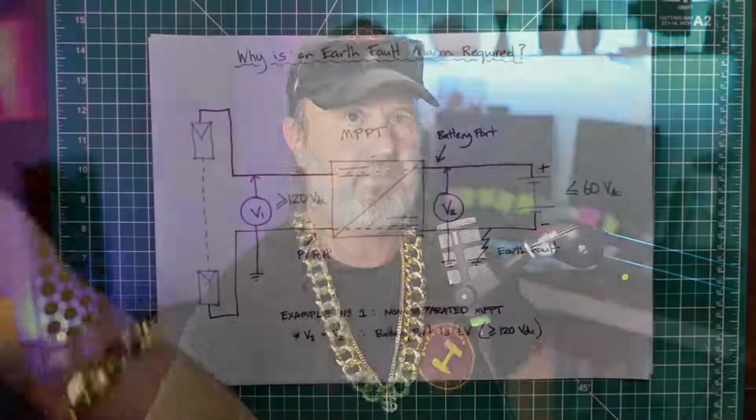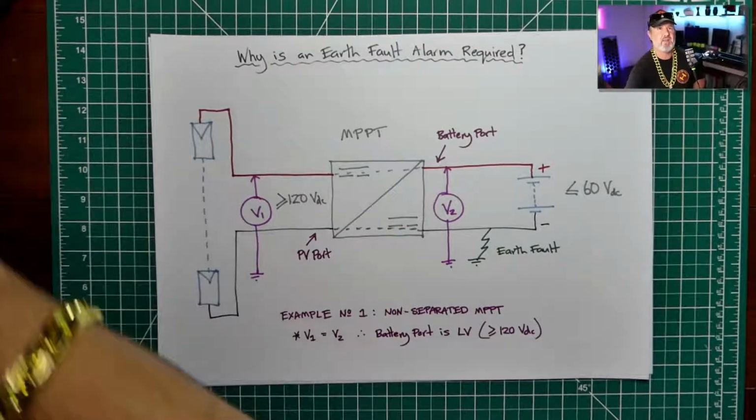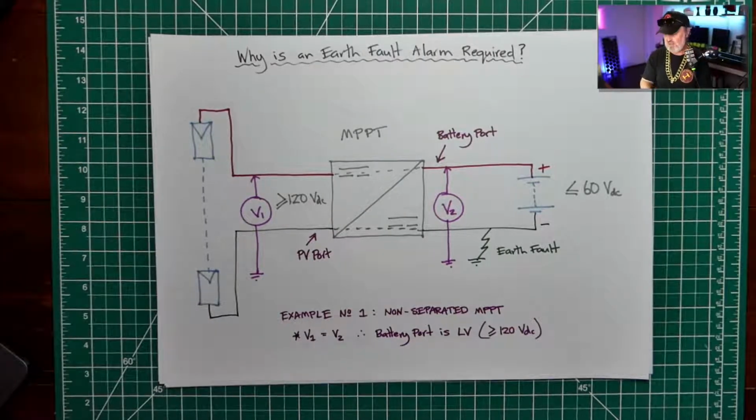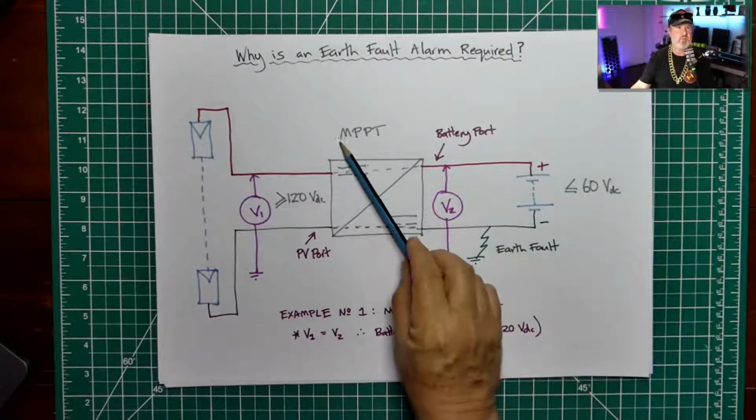So first up, the question really that comes up is, why do we need an earth fault alarm at all? What's the problem? So the problem is that we've got a system here using a maximum power point tracker.